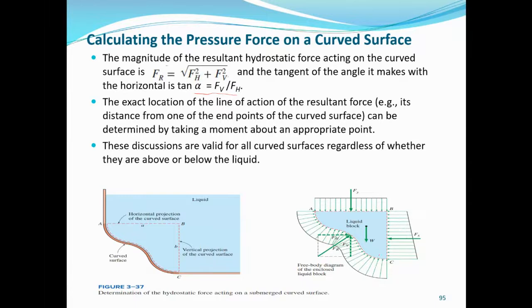If we take a moment about either A or B, we can find the distance at which Fr is acting. And these discussions are valid for all curved surfaces, regardless of whether they are above or below the liquid.